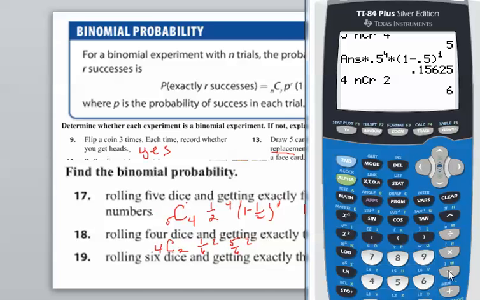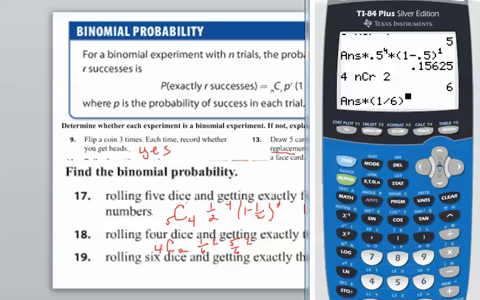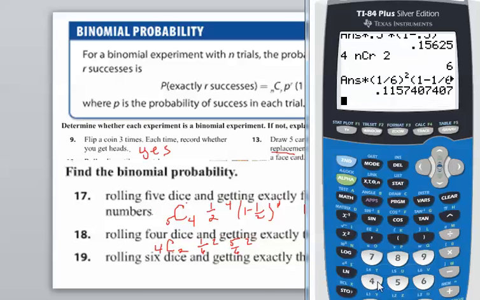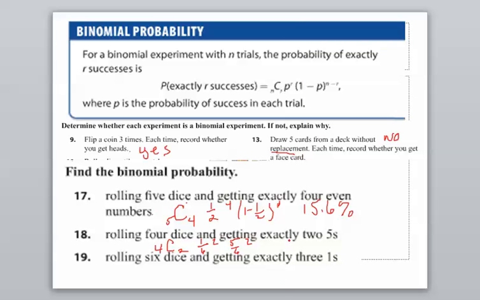It's going to be 6 times (1 divided by 6) raised to the 2nd power, and then (1 minus 1 divided by 6) raised to the 2nd power. And it gives me 11.57, so 11.57%.